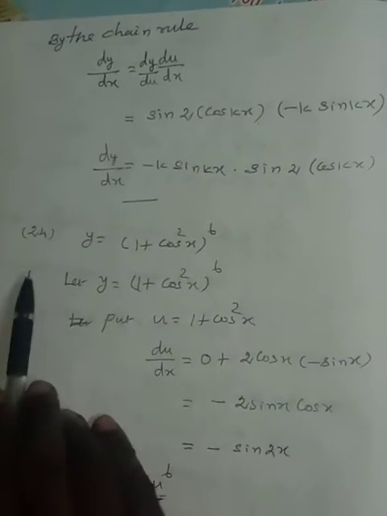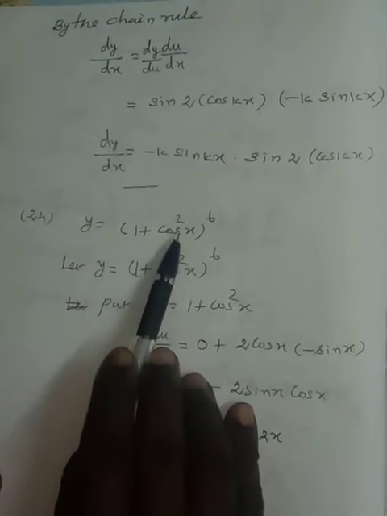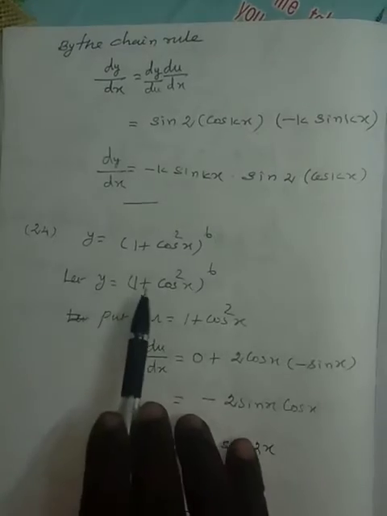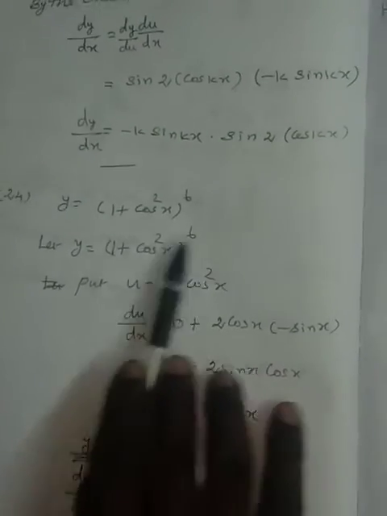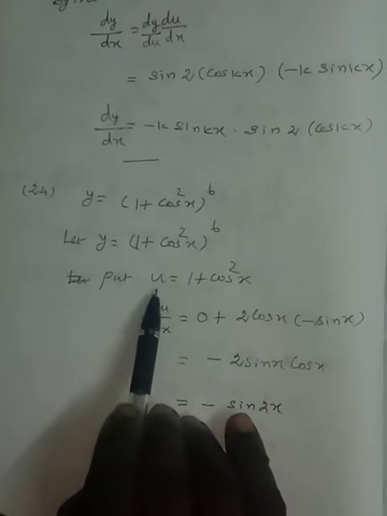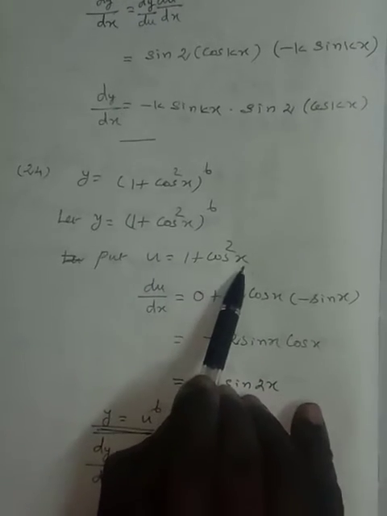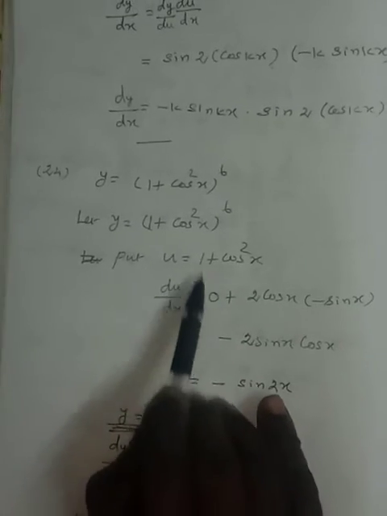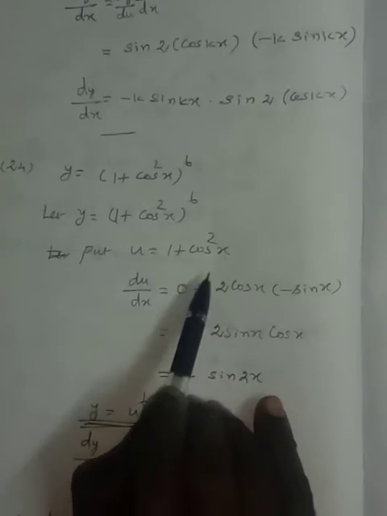Question number 24. y is equal to 1 plus cos square x whole power 3. Power 6 is given. Let y is equal to 1 plus cos square x power 6. Put u is equal to the bracket 1 plus cos square x. Left hand side variable is u, right hand side variable is x. Therefore differentiate u with respect to x. du by dx is equal to constant differentiation is 0 plus the derivative of cos square x.